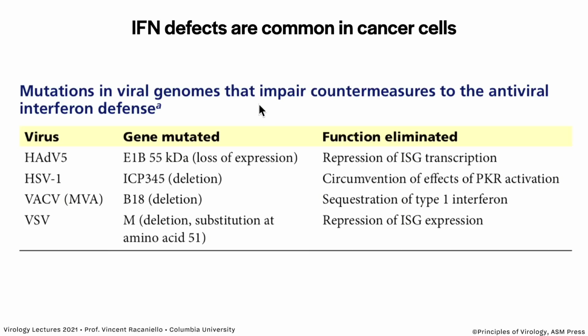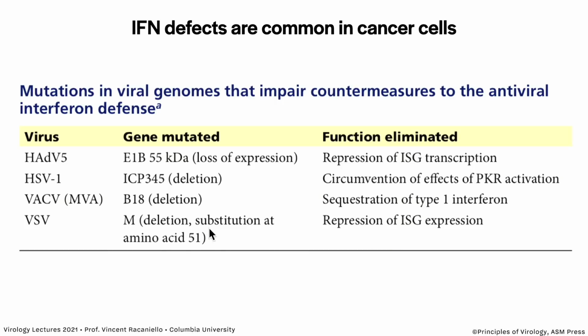We can look at what kinds of mutations are present in the cancer and design viruses to overcome them. Facilitating survival of cancer cells is how these mutations accumulate. So we then introduce mutations in the viral genomes that would normally counter, say, interferon defense to limit reproduction in normal cells, but not in cancer cells that have defects in the interferon system, right? So different aspects of the interferon system are defective in cancer.